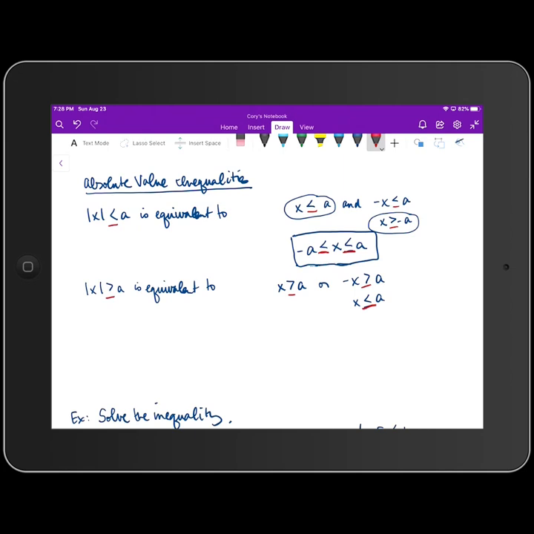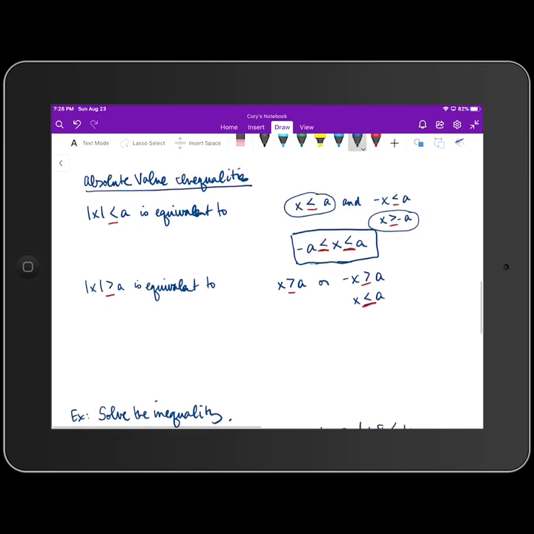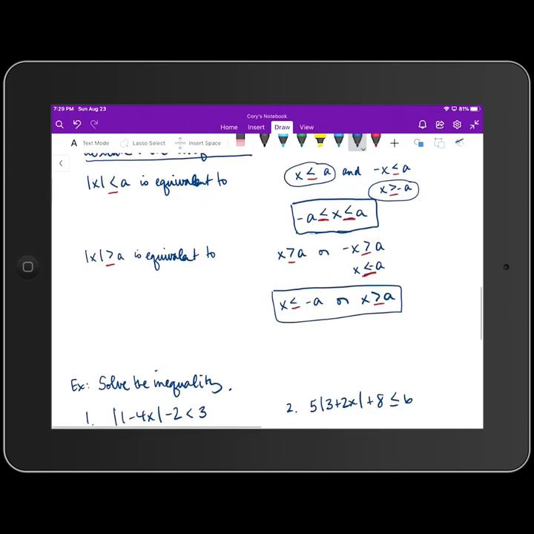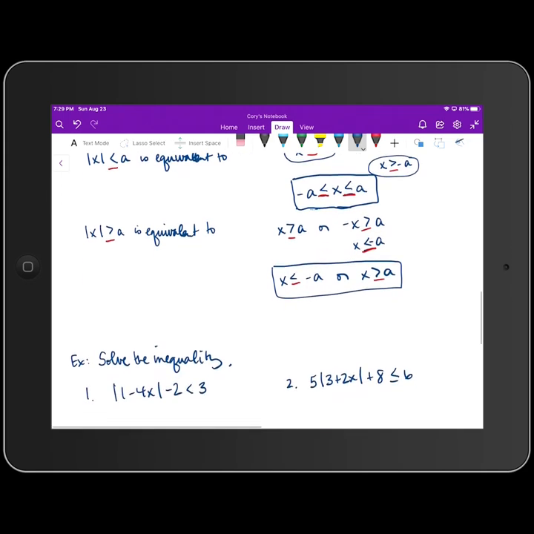And you can combine those two statements to be x is less than or equal to -a, or x is greater than or equal to +a. Okay, so we'll take a look at examples involving both of these.